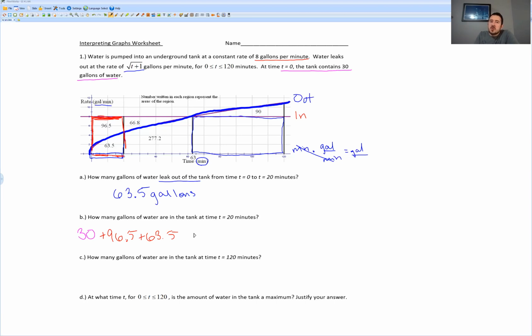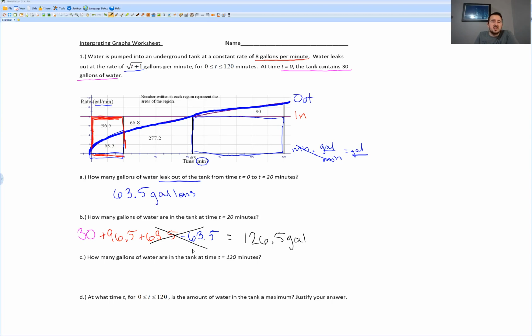I also need to account for how much water leaked out. If I'm looking at the out function, my blue function, the area underneath that is 63.5, so I would take that away. What that really means is this portion is just canceling. So we're left with 126.5 gallons.